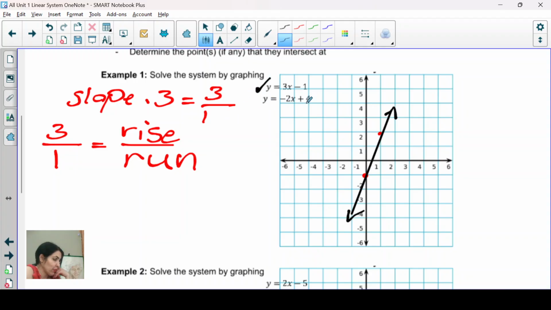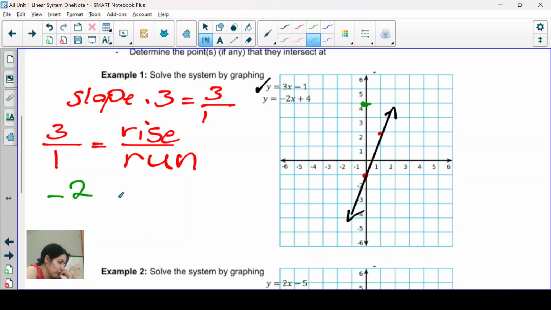And the second one, again, the y-intercept is 4: 1, 2, 3, 4. This point, and from that point the slope is negative 2.